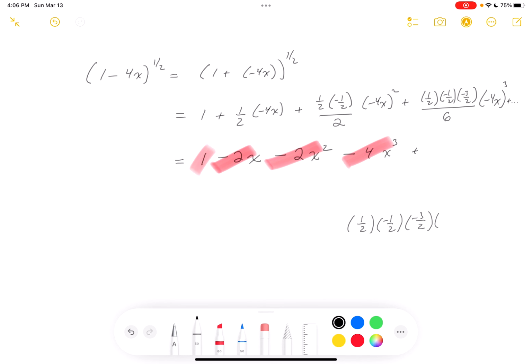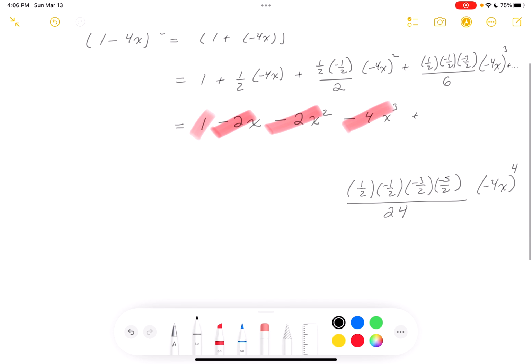I want to point out, looking at this, it's got a beautiful pattern to it. It's going down by 2. That's minus 5. Now remember, 3 factorial, now it's going to be 4 factorial. 4 factorial is 24. And then what do you get? Well, you get this over here, minus 4x to the 4th power. You still get negative.